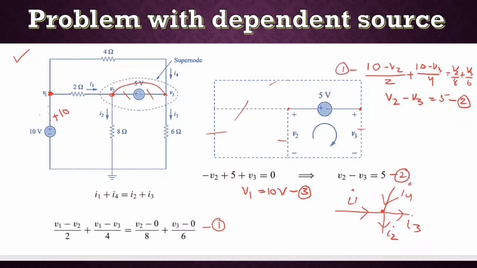Now two equations and two unknowns, V2 and V3. So V2 is equal to V3 plus 5. So 10 minus V2 is 5 minus V3, right?